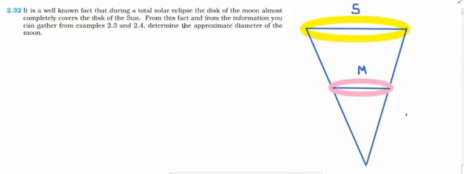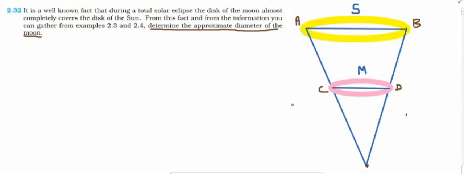Now determine the approximate diameter of the moon. So we have to calculate the diameter of the moon. We have the sun's disk. We can take AB as the diameter of the sun, CD as the diameter of the moon, and we are observing from Earth here.